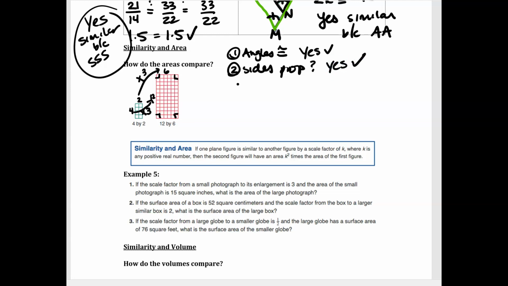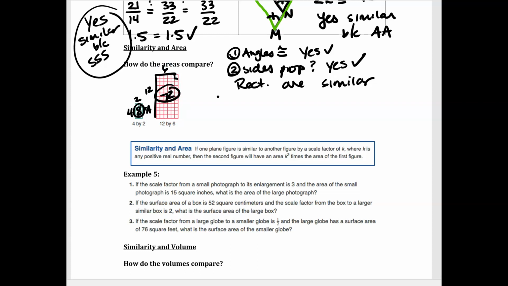So the rectangles are similar, so we know that. Okay, now let's look at the areas. So I'm going to erase this so you can get some more room. If this is 4 by 2, 4 times 2 has an area of 8. If this is 12 by 6, 12 times 6 is 72, so this has an area of 72.